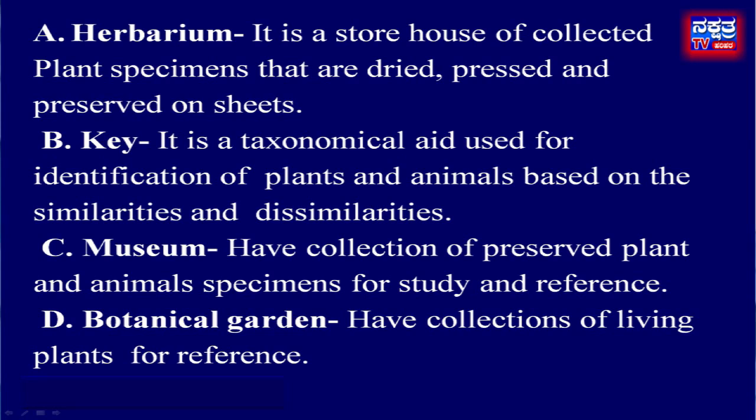Option C, museum, has a collection of preserved plant and animal specimens for study and reference. Option D, botanical garden, has a collection of living plants for reference. Based on these observations, the right answer is museum.